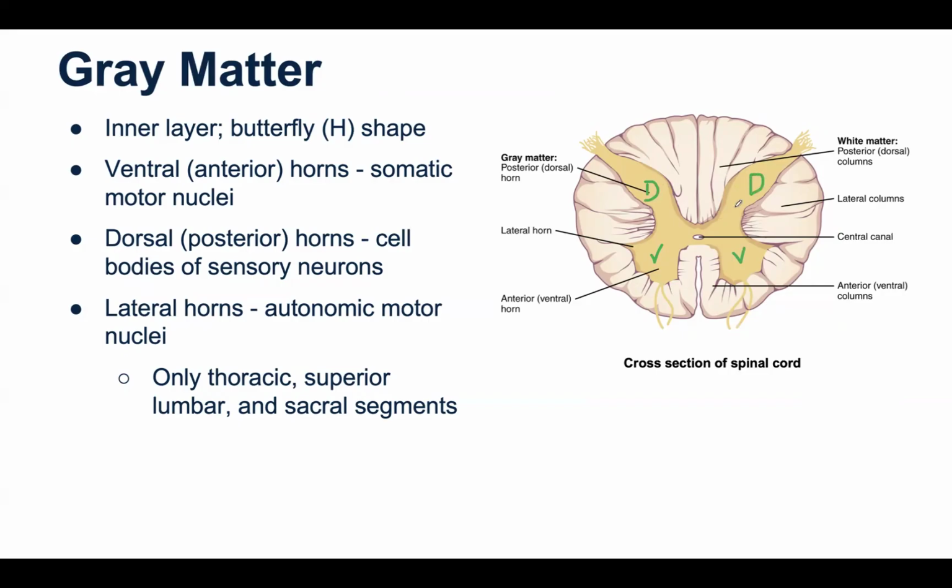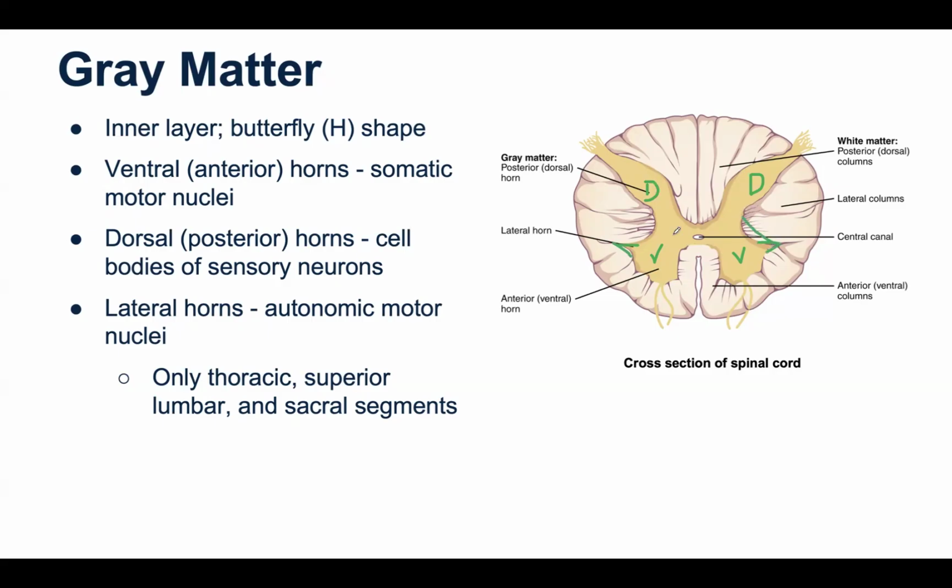So entirely sensory here. And then in certain locations, specifically the thoracic and superior lumbar segments to about L2, and sacral segments S2 through S4, you have what are called lateral horns, where the autonomic nuclei are located. This illustration on the right must not be at that level because we see only a bit of a lateral horn popping out.